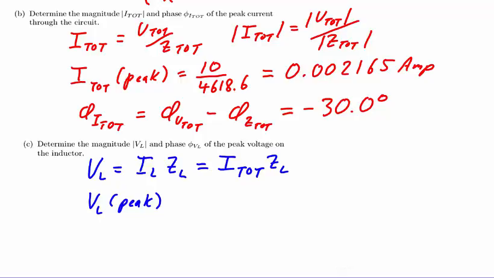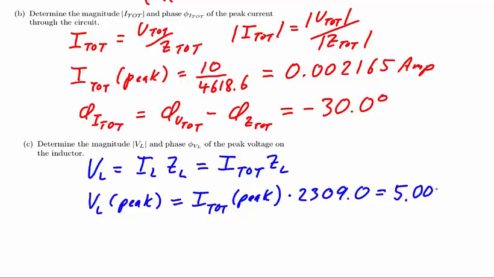We'll then be able to find the peak voltage on the inductor using the peak value of the total current along with the inductor's impedance that we previously calculated to be 2309 ohms. The result is a peak voltage of 5.00 volts.